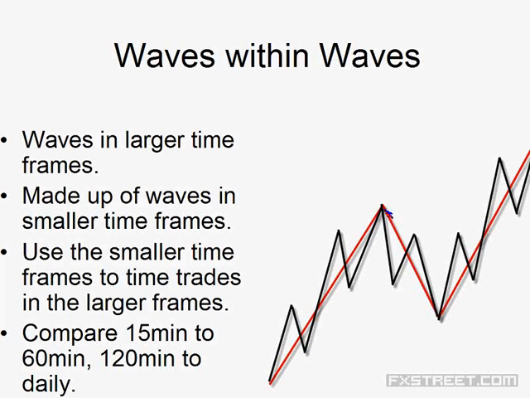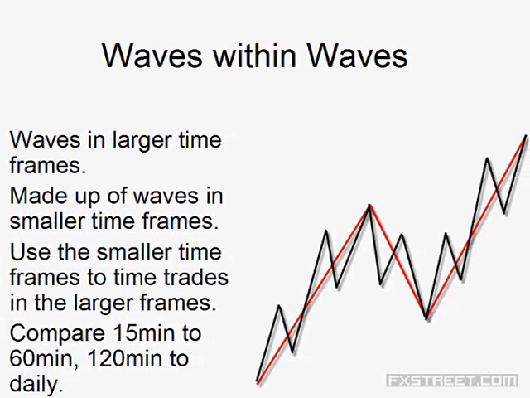And very, very often, the corrective wave 2 that we can see here in red can be subdivided into 3 black waves, A, B, C, and so on. As you can see, we've then got red wave 3 here appearing, and we then have wave 1, 2, 3, 4, 5.